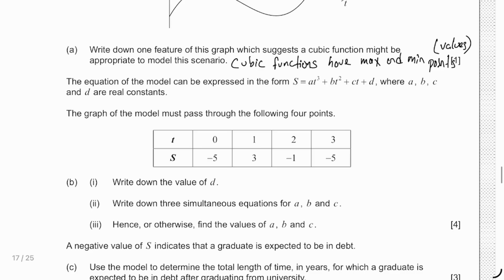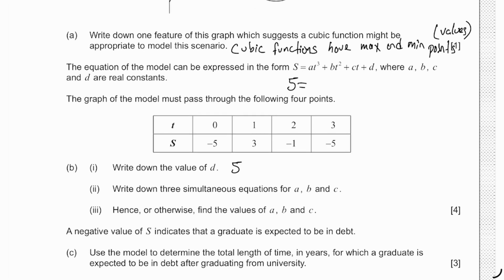Okay, d. Guys, how can I find d? What should I write for t to find d, right? So if I put 0 for t, then 0 plus 0 plus 0, and it's gonna give me d, right? So which values can I use here? I can use 0, 5, right? I'm gonna use the 0, 5 point. So instead of s, I'm writing 5.